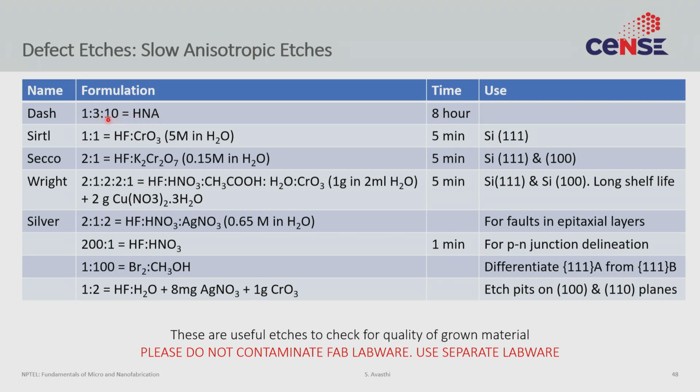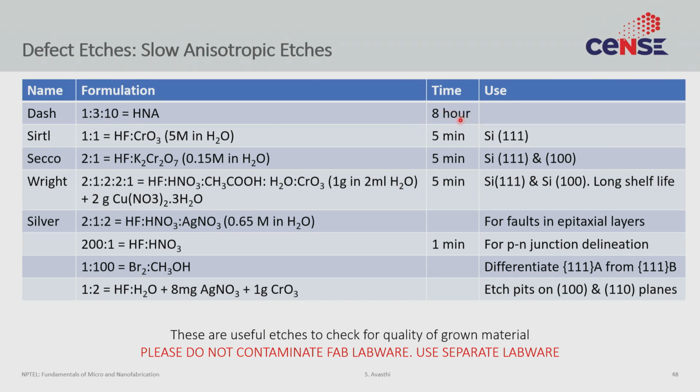The A part is large, and it's a very dilute solution of hydrofluoric acid. There's a lot of nitric acid. This composition was found by somebody whose name was Dash, that's why it's called a Dash etch. Dash found that this etch can be used to delineate defects in silicon. The only problem with this etch was that it takes a very long time to actually show defects.